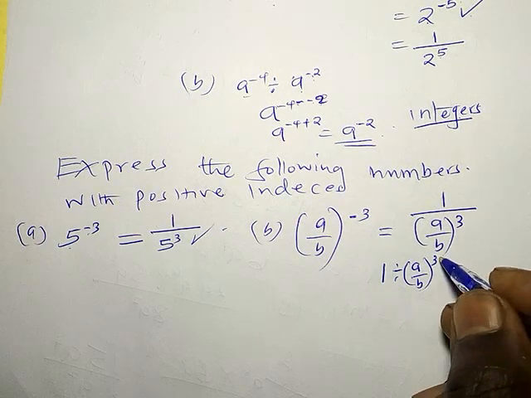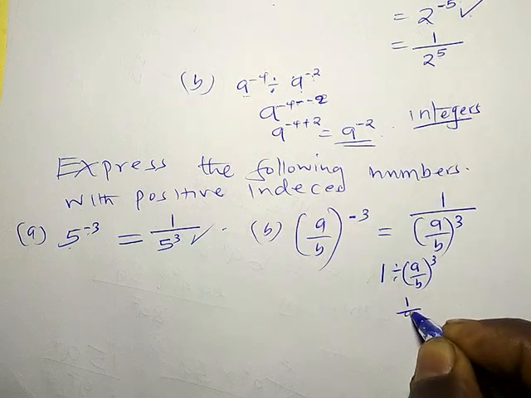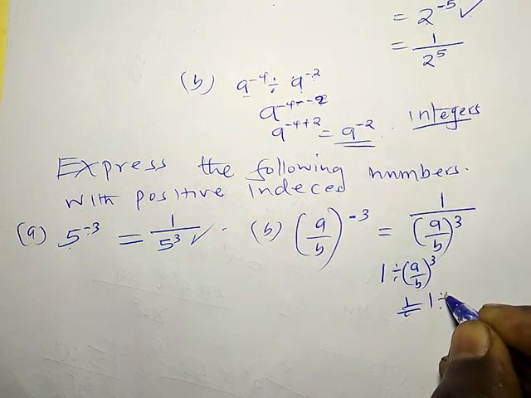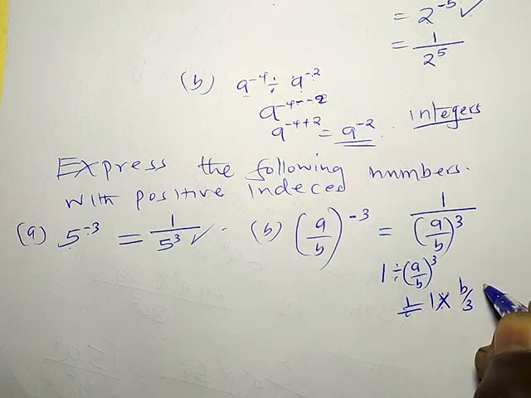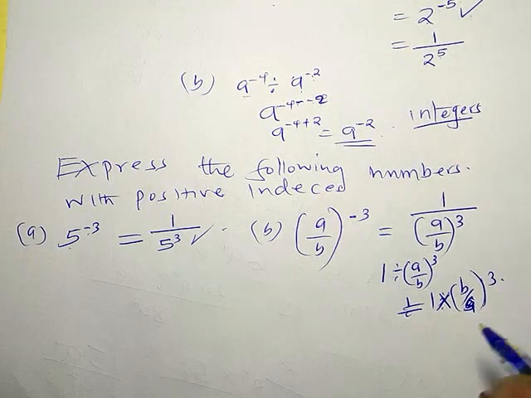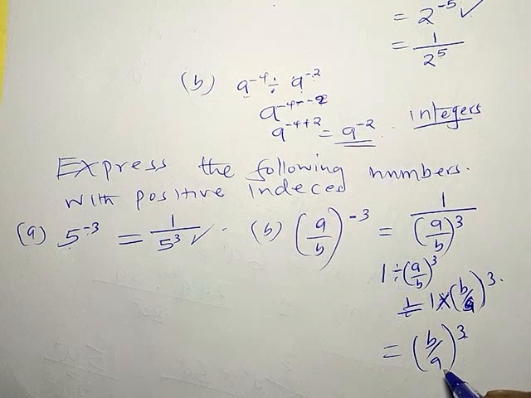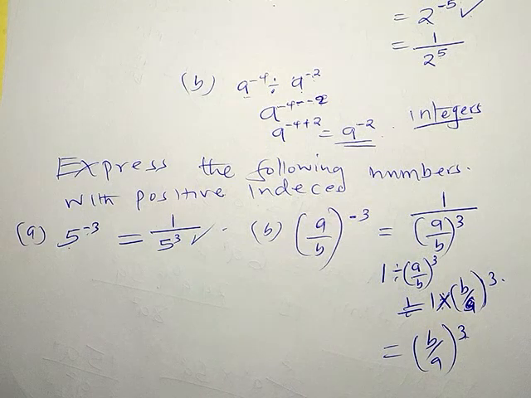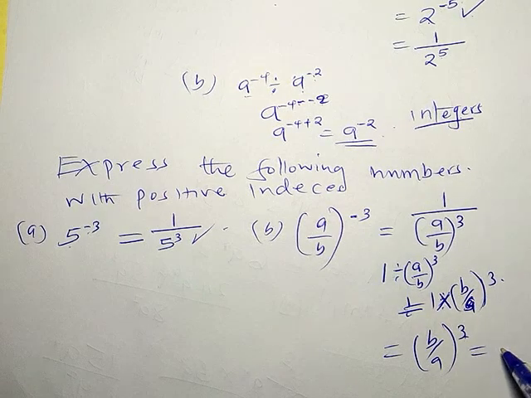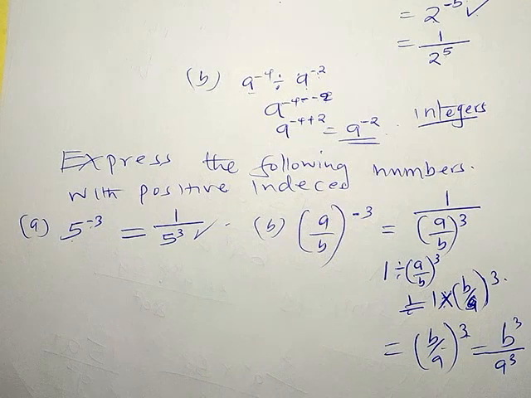So this means 1 divided by a over b raised to power 3 becomes 1 times b over a raised to power 3. So the answer here is b over a raised to power 3, the reciprocal. This is the same as b cubed over a cubed.